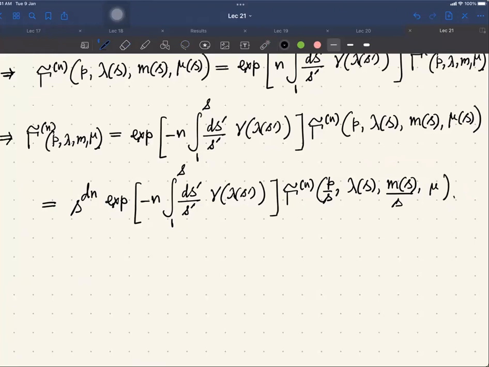So what have I done? I have scaled all the mass parameters on the right hand side by a factor of s. So this is s times mu. When I scale it by s, it becomes mu. This is ms by s, and this p is replaced by p by s.